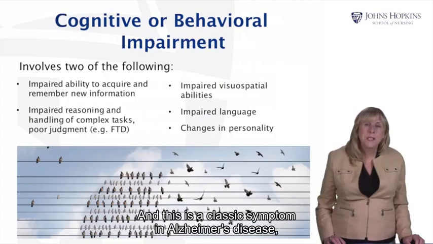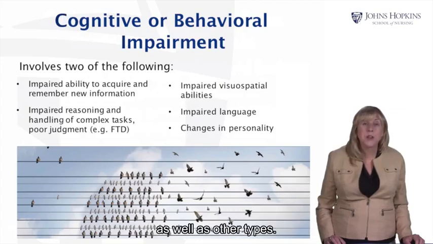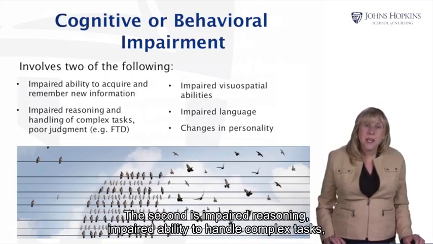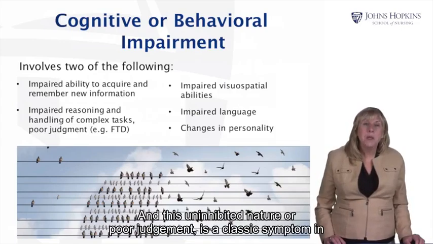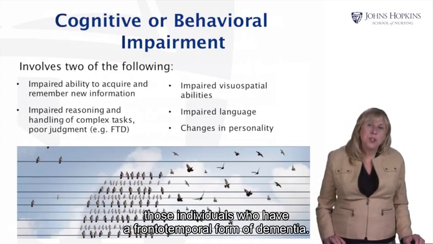And this is a classic symptom in Alzheimer's disease as well as other types. The second is impaired reasoning, impaired ability to handle complex tasks, and sometimes poor judgment or being uninhibited. And this uninhibited nature or poor judgment is a classic symptom in those individuals who have a frontotemporal form of dementia.